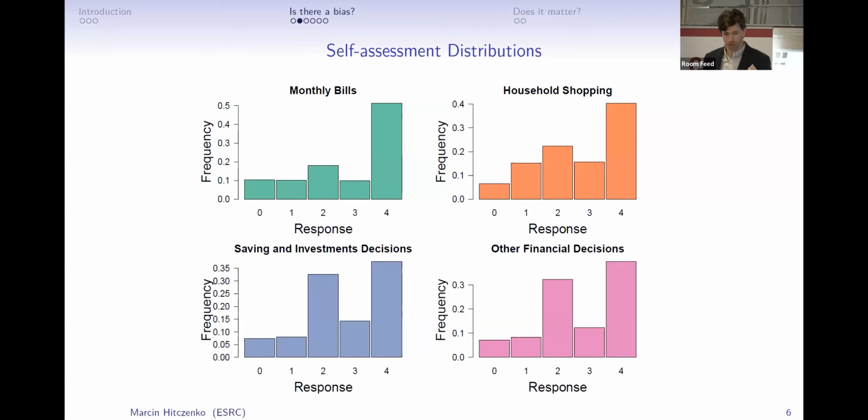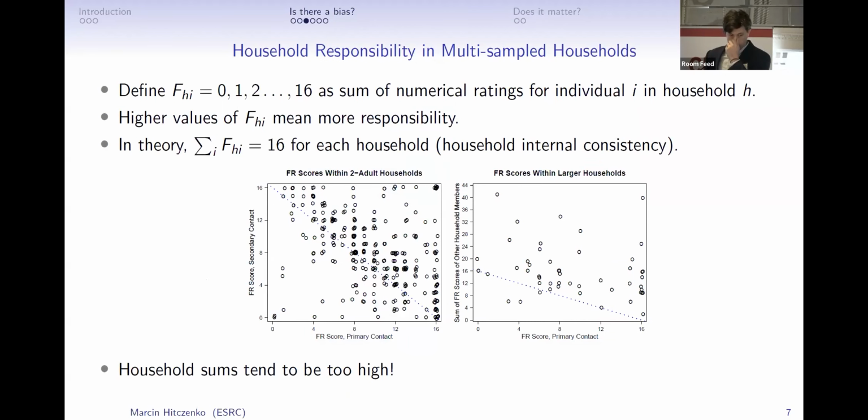So that's where the multi-sample households are going to come in and help us get at this. First, we're going to trade a little bit of granularity of information for simplicity and just combine the scores to make one measure, F, which is just the sum of the numerical ratings.